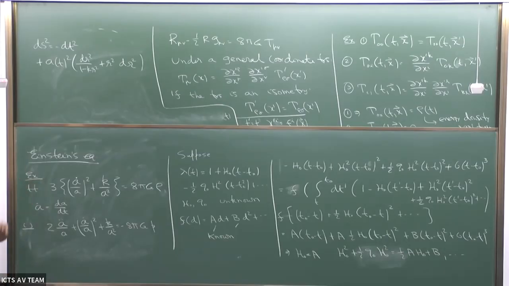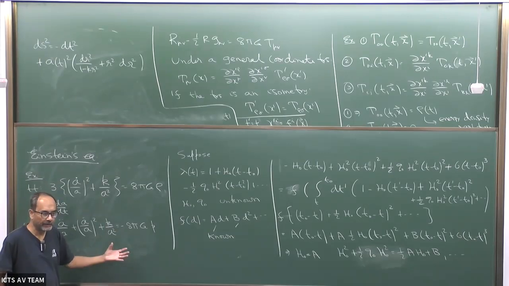So you can just calculate the 0i component and you can find that it is 0. Is this clear? Okay. So this is all that you have to solve. These are the two equations that come out of Einstein's equations. Ordinary differential equations.